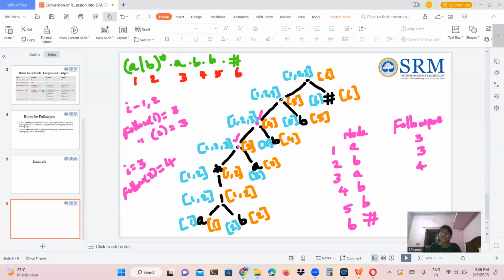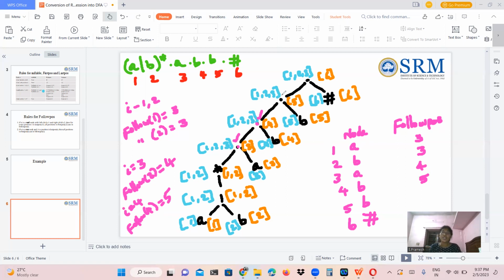Like that, consider this concatenation. What is the I value? The last position of the left child is the I value, so I is equal to 4. Then follow of 4 is equal to the first position of my right child, that is 5. So fill it in the fourth place.